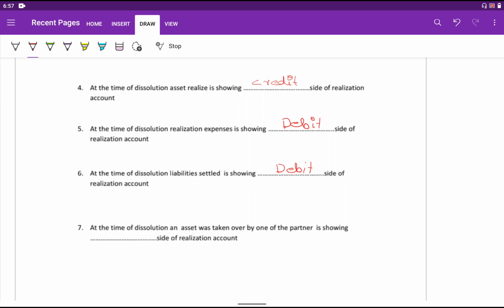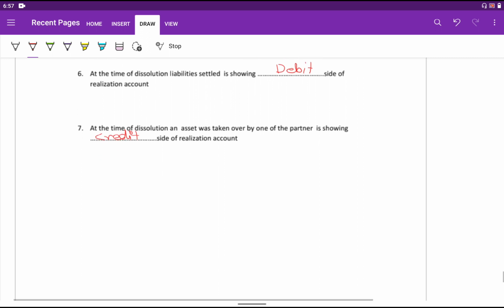If an asset was realized or taken over, in any case we will write it on credit side. And one more thing, if one liability was taken over by any partner, where are we writing? We are writing on debit side. Whenever we are settling, or if anyone has taken over, we will write on debit side of realization account. Okay, if a liability is taken or settled.